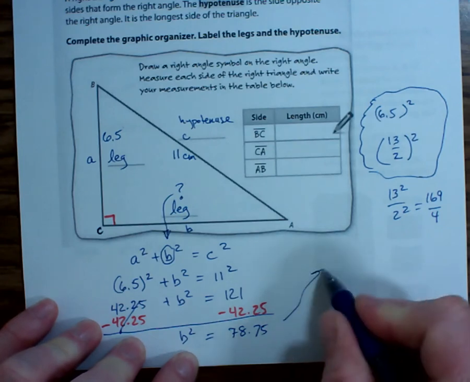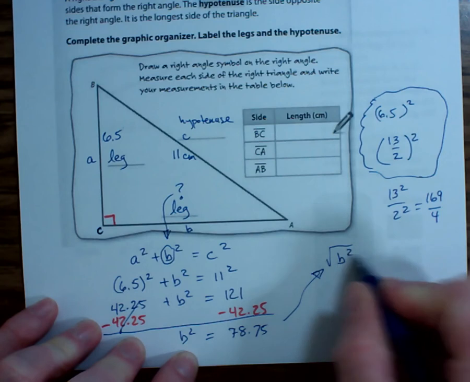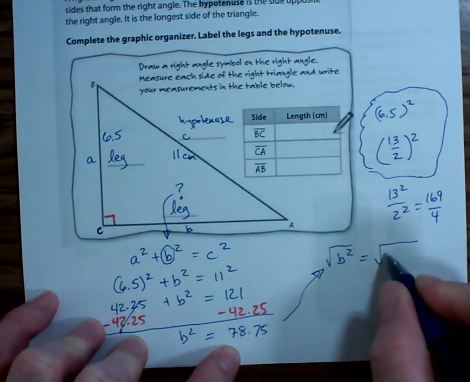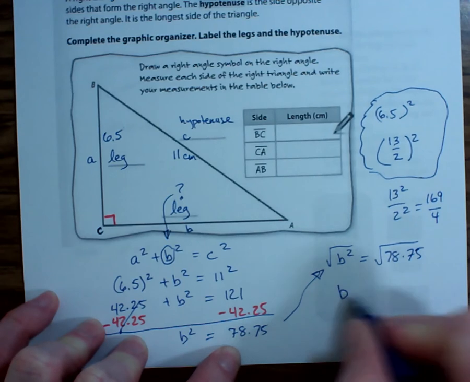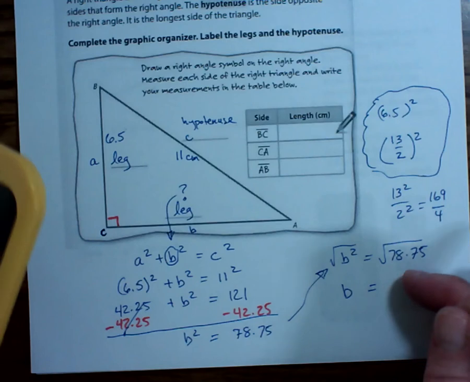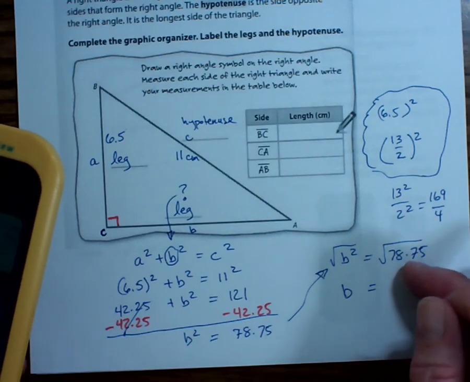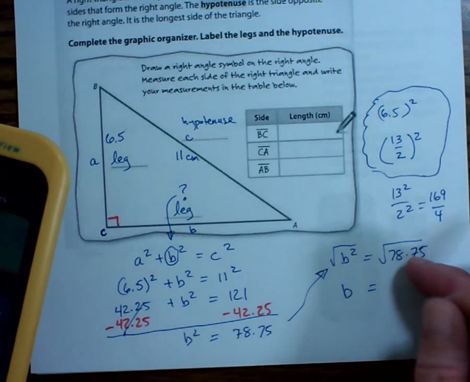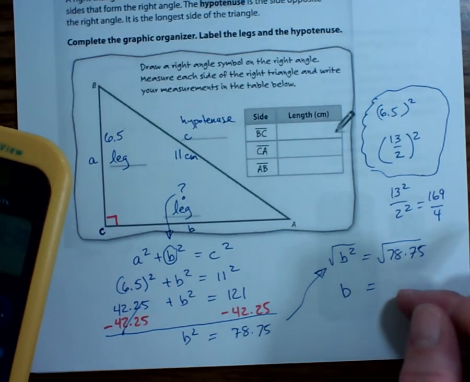So in order to find what B is, I've got to take the square root of B squared, 78.75. And I'm going to need to use a calculator for sure. If not, I could calculate, it's between the square root of 64 and square root of 81. It's closer to the square root of 81. So this is going to be somewhere around 8.8 or 8.9.